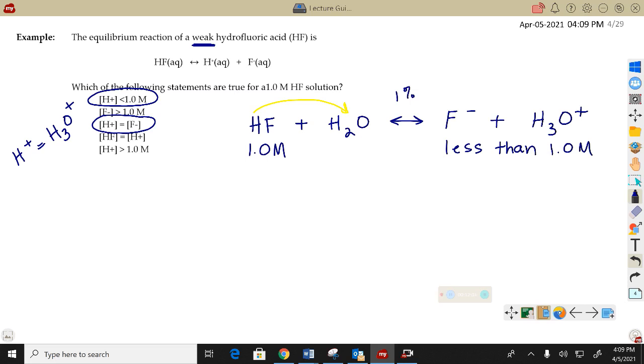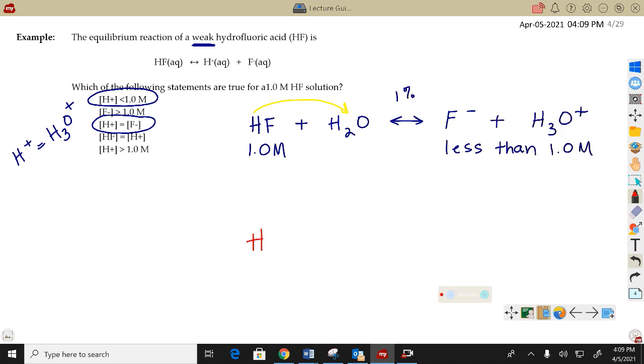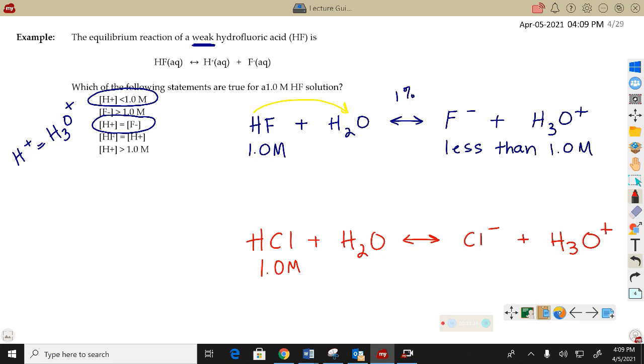Now the difference with a strong acid would be, let's say, HCl. With water, the hydrogen is donated again so that I have chlorine ions and either H plus or H3O plus. Now let's say I had a 1 molar solution and I know that this is a strong acid, so it dissociates 100%.